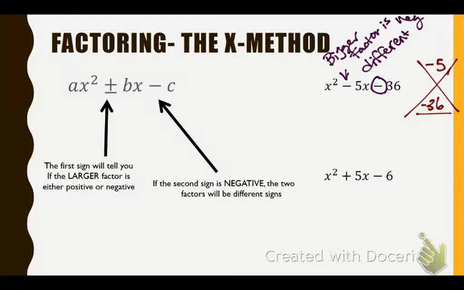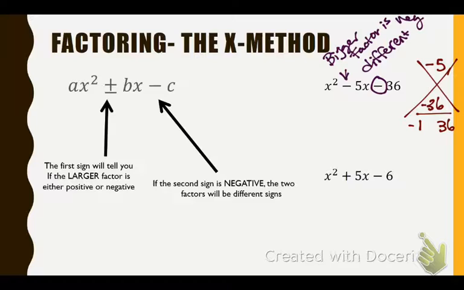The first factor pair of 36 is 1 and 36. A positive times a positive, does that make a negative? No. A negative times a negative, does that make a negative? No. So obviously one of them has to be negative and one of them has to be positive. But not only do these two numbers have to multiply to the bottom, but they have to add up to the top.